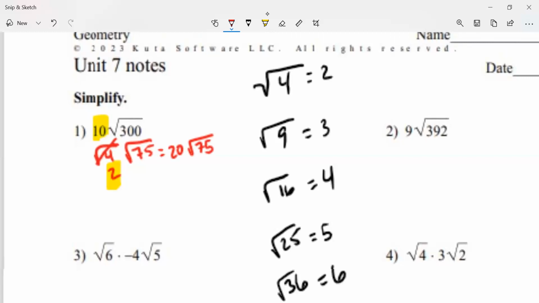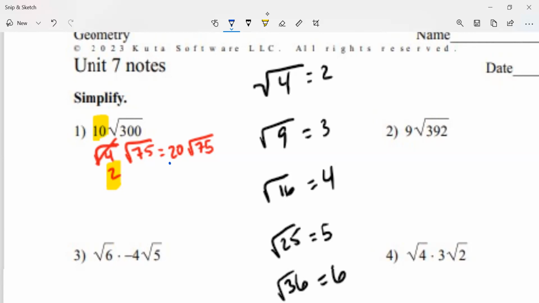Notice how I made the number inside the square root smaller. So I simplified a little. Now simplify as much as you can. Now I've simplified to 20 radical 75. Simplify more if possible. So I'm going to look at this as if I was starting from the beginning, but instead of 10 radical 300, my question is 20 radical 75.